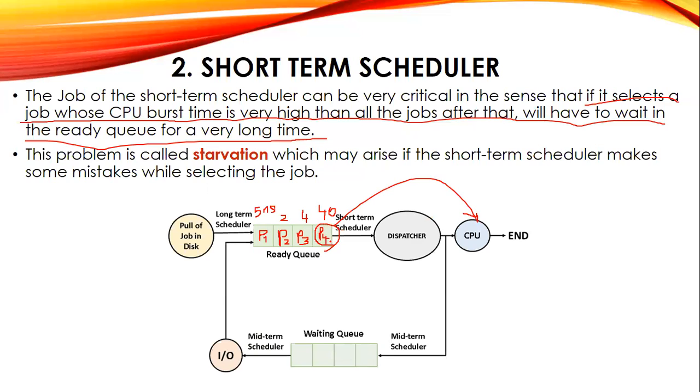This one will run 40 nanoseconds, and these three should wait for it. So they should wait so long. This is called starvation. So the task is very important because the others should not wait for you so much time.